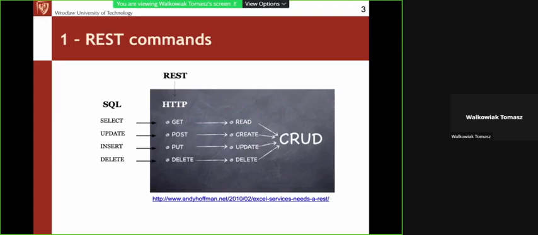But the idea was get, read, post, create, put, update, delete. Okay, so the most typical operations done on some data. Some representations. So we use methods to describe verbs, what you want to do. Develop technologies, ready technologies, use them.